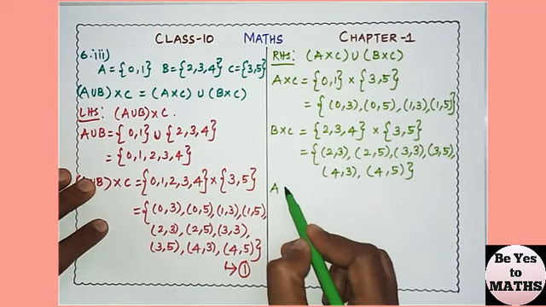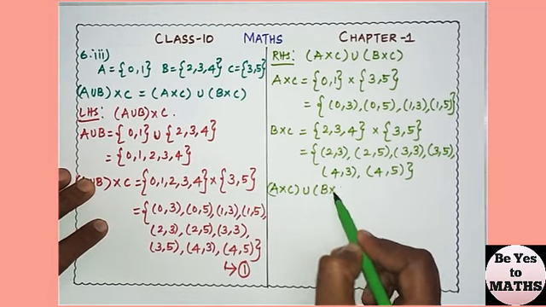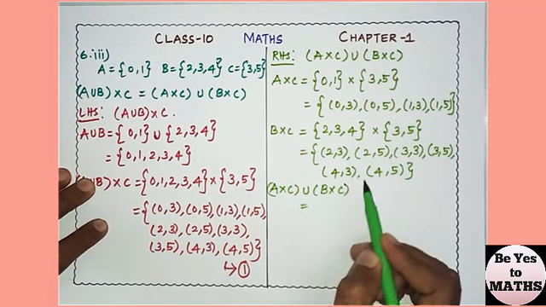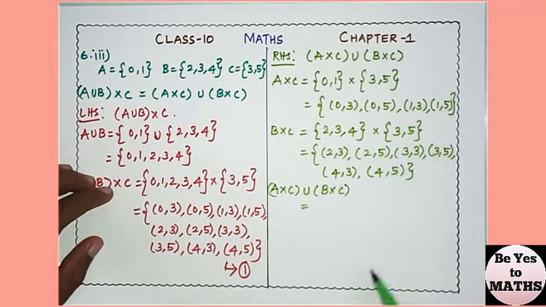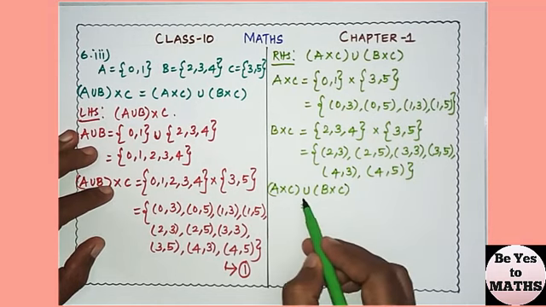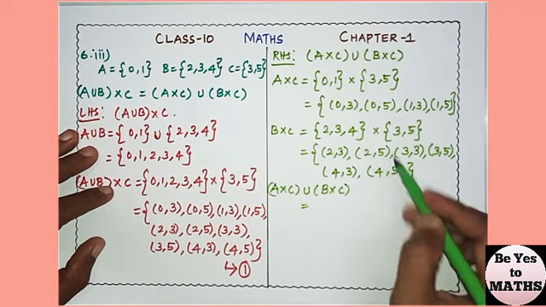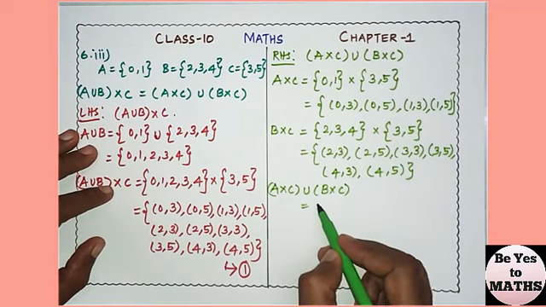Now (A cross C) union (B cross C). Write all the elements because this is union. You have to write all the elements of these two sets.